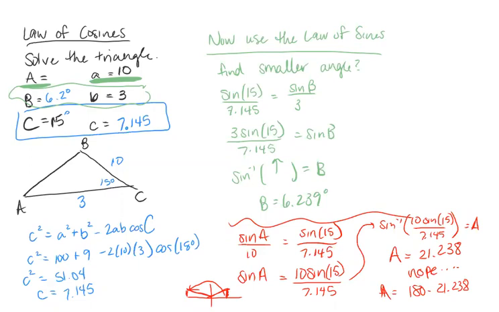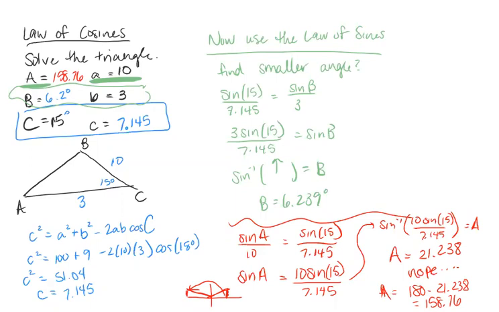So that's 158.76. And that is actually angle A. Now, if we wanted to check ourselves, we could add those three angles up. You do get 180, so that's good.